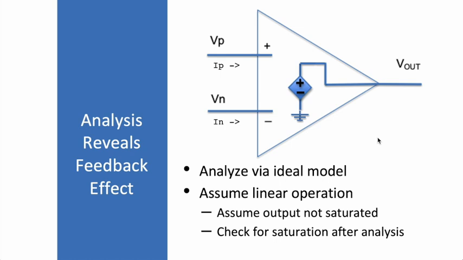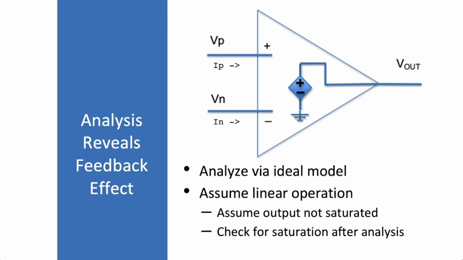Okay, so let's get serious here now. Let's do some analysis and reveal exactly how this feedback effect works and how it's related to these external components. We're going to do an analysis of that prior circuit. We're going to use the ideal model that you see here.